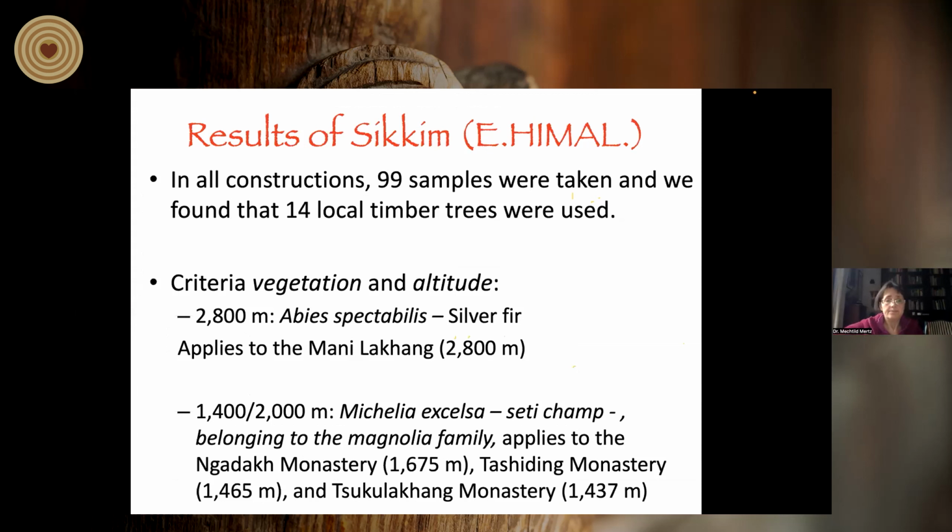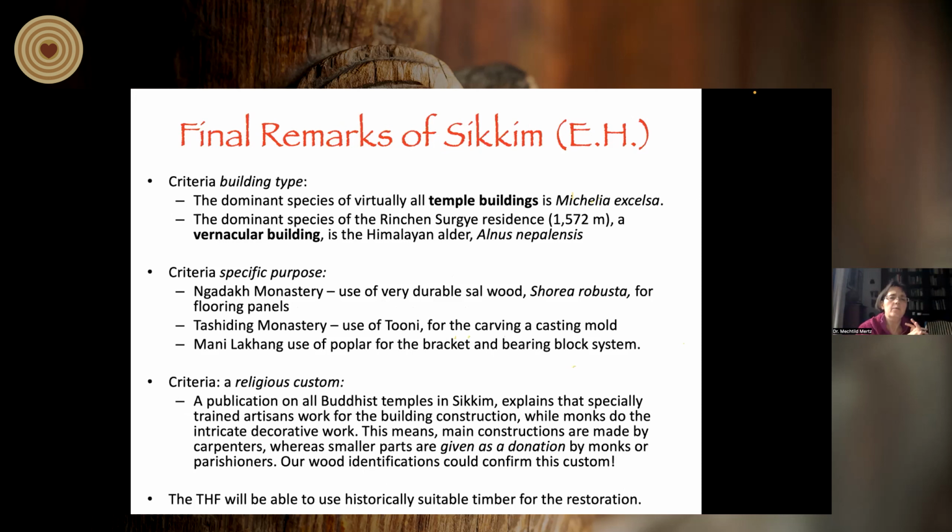So very high up is the use of Abies spectabilis, silver fir, and then a little bit also Michelia, which belongs to the magnolia family, at slightly lower levels. And then the building type was also one of the criteria.